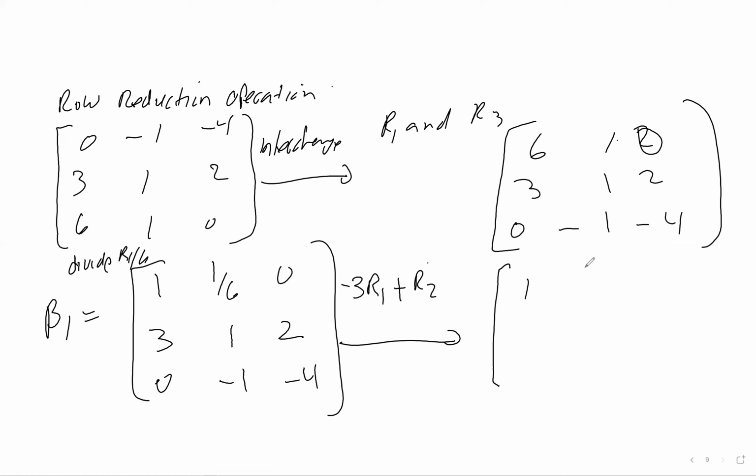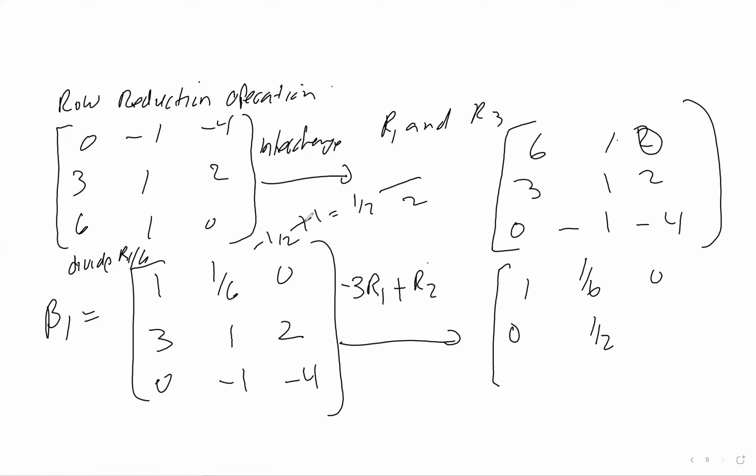So we have 1/6 and 0, and we have row 1 times -3. -3 plus 3 is 0, and then -3/6 is -1/2, so 1 minus 1/2 is 1/2, because you take a common denominator.